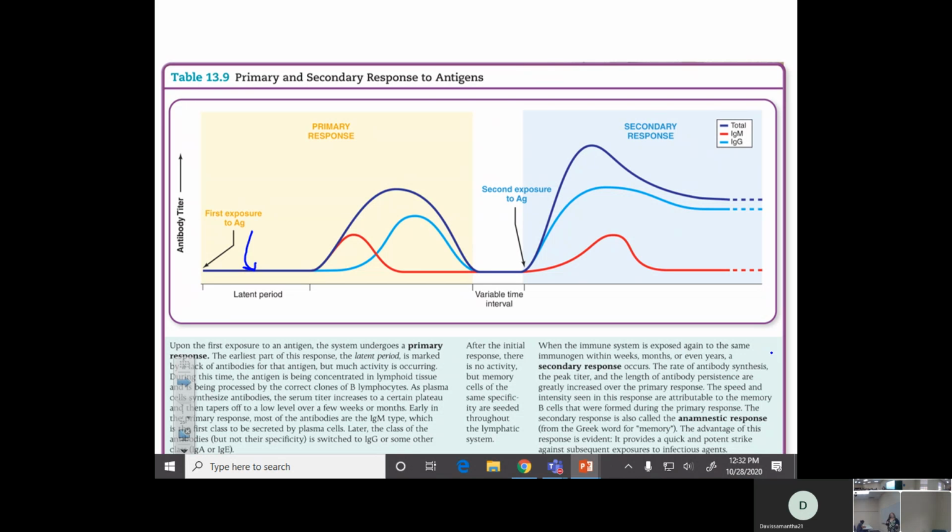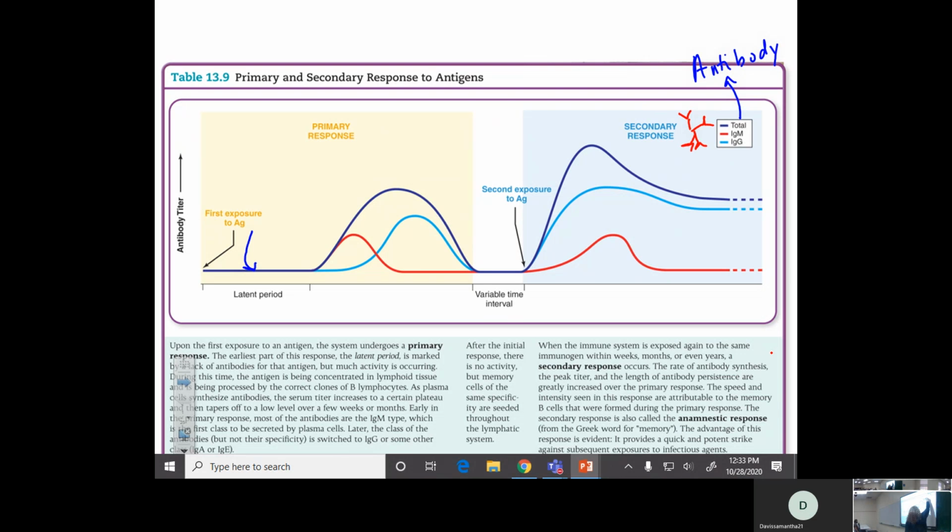Just the dark blue line, because what this is showing is your total antibody. So it's a graph of antibodies. You can look at the total amount, which is the dark blue line, or you can individually look at IgM, which remember is the one where you have 5 antibodies in one.